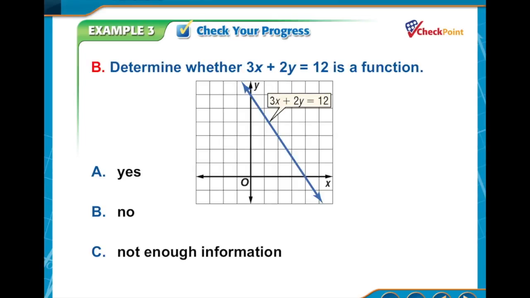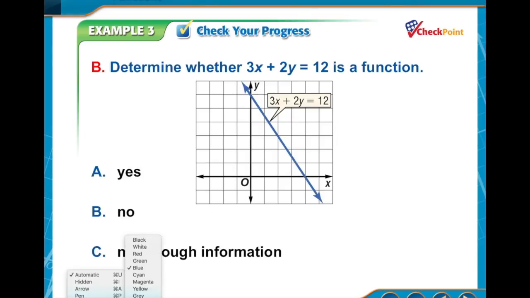Looking at our next example, we want to determine whether this line is a function. So we have a graphical representation of it here, so we don't have to worry about that part. And looking at the graph, we need to just think about, if we take a vertical line and drag it across this graph, does it ever intersect this line in 2 points at once? Well, I know C is wrong for this example.